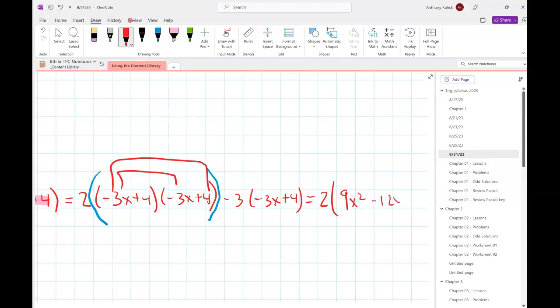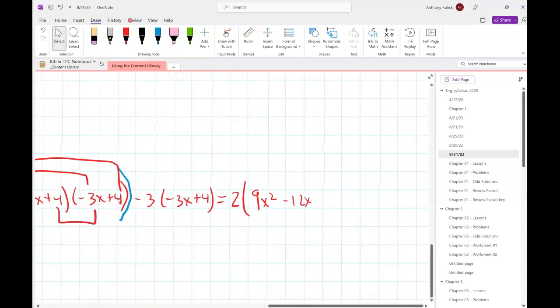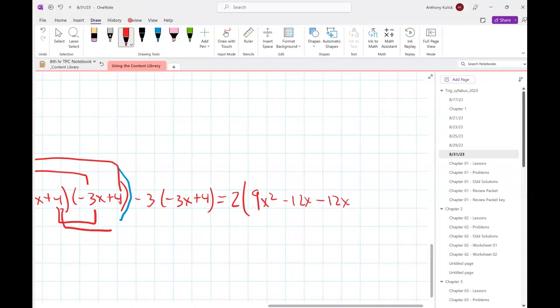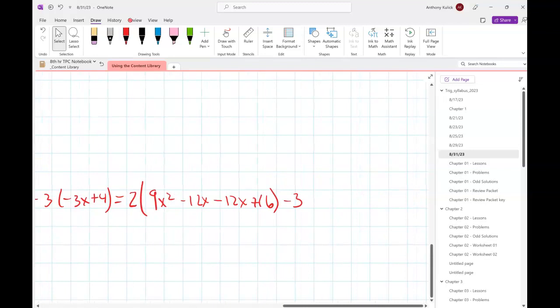Negative 12x. And then the inner, 4 times negative 3x. Negative 12x again. And then 4 times 4. 16. And then I'll recopy the rest of that.